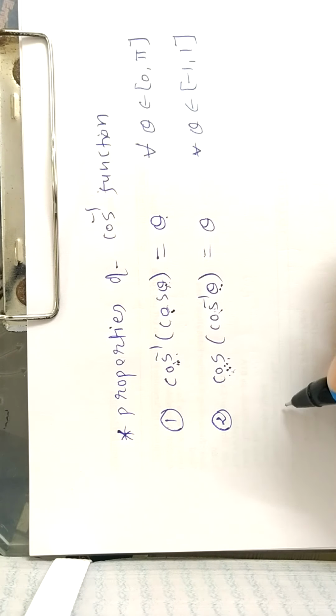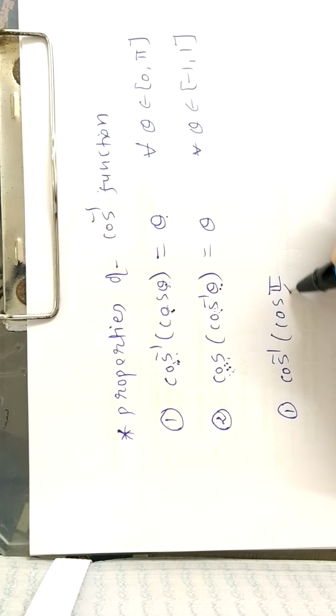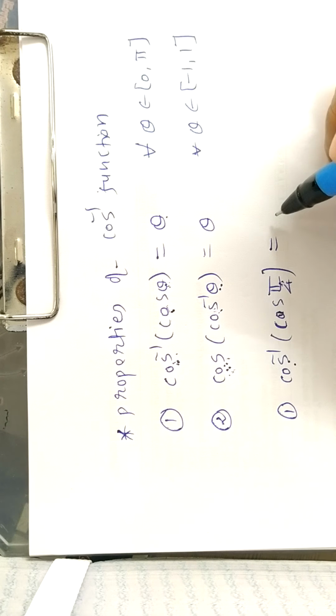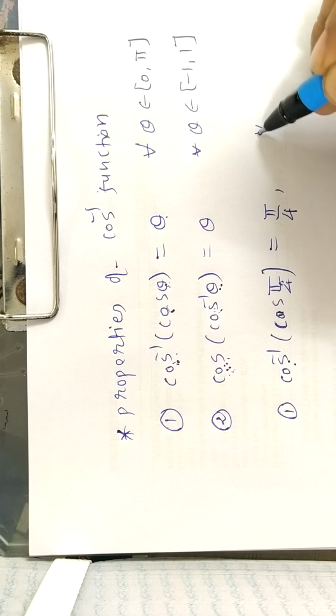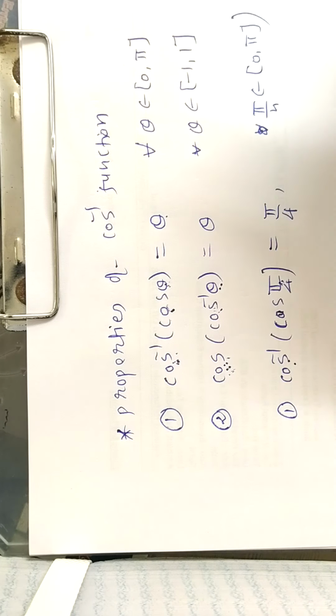For example, cos inverse cos pi by 4. This is the composition of cos inverse and cos. The range of outer function cos inverse is 0 to pi. Pi by 4 belongs to 0 to pi or not. Check it. Yes, pi by 4 belongs to 0 to pi. That is why composition of these two functions is possible.